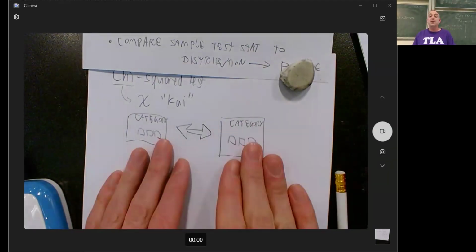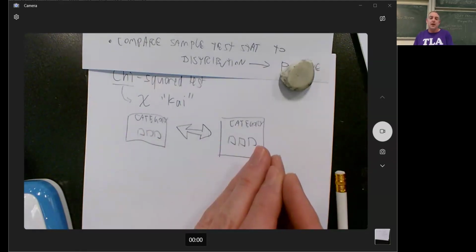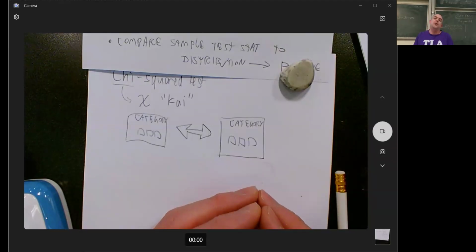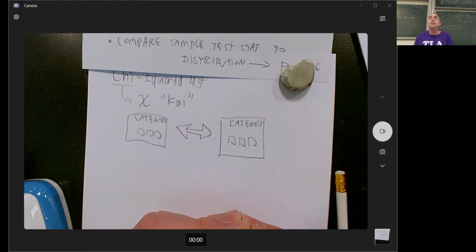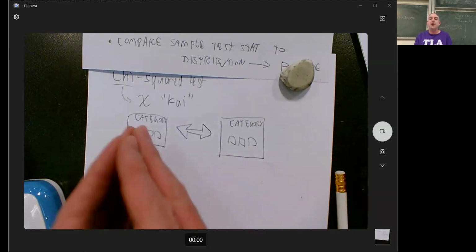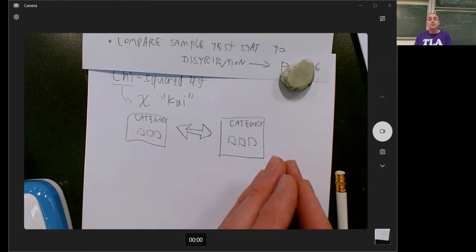Because in most chi-squared tests, there is one variable that is an outcome and one that happened before. So it's like, do people of different genders, are they more or less likely to participate in volunteer work?